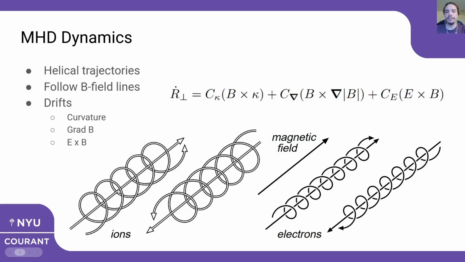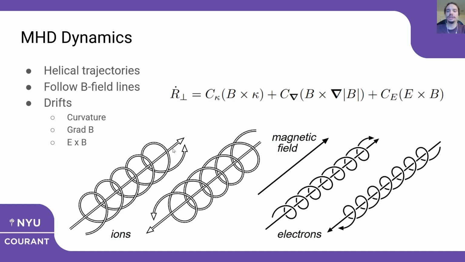So the ions spiral one way, and the electrons spiral the opposite way. As the particles move, they gyre around in these really, really tight curls and follow the magnetic field lines one way or the other. Okay, but that's just the first order behavior.